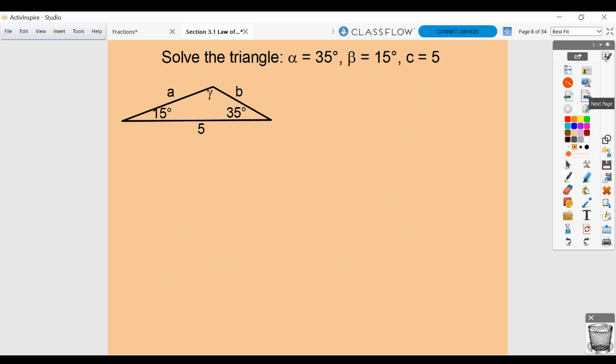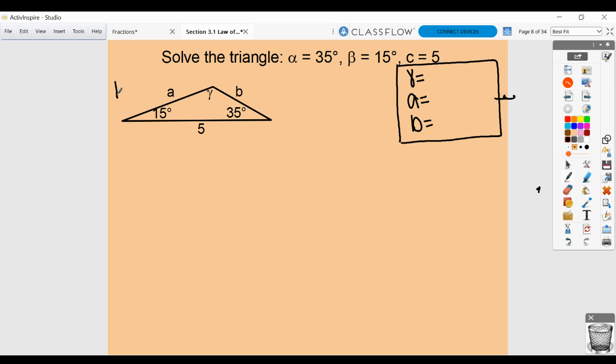Okay, we'll go ahead and do another example. We have alpha is 35 degrees, beta being 15 degrees, and C equals 5. So we need gamma, A, and B. Okay, this type of triangle is an angle side angle because you have the angle, the included side, and the angle.